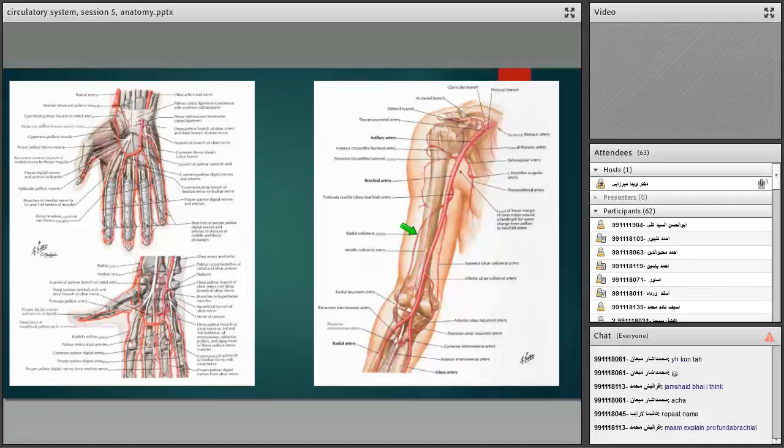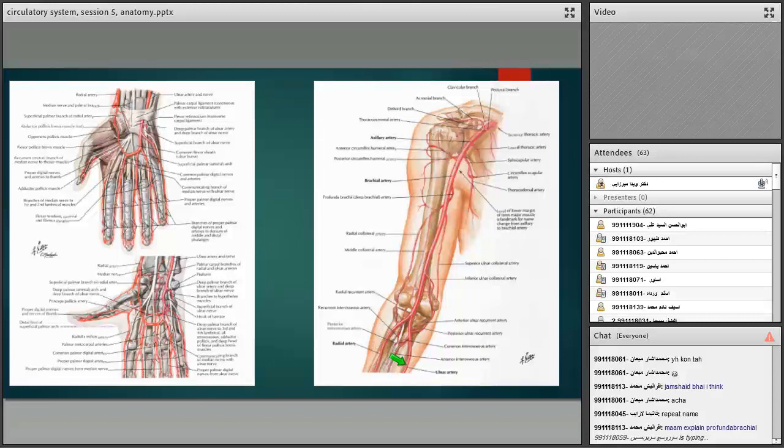This is the profunda brachii, and in the cubital region, profunda brachii is going to the posterior side of the brachium. Look at here, it is turning and going to the posterior side of the brachium, and the main artery is coming to the cubital region, and after that it is dividing into two branches, radial and ulnar arteries.